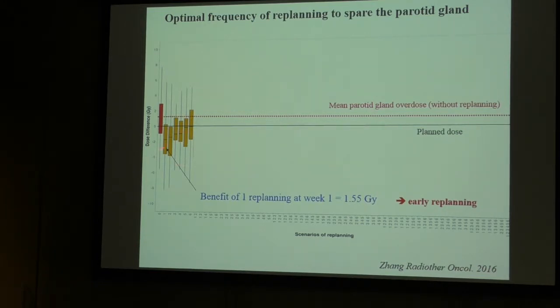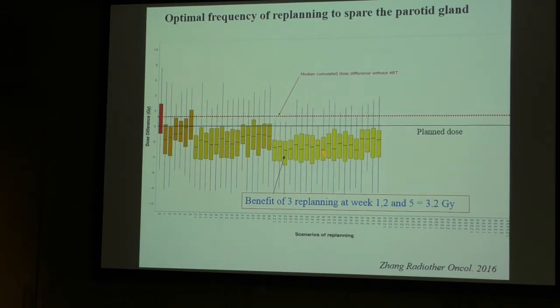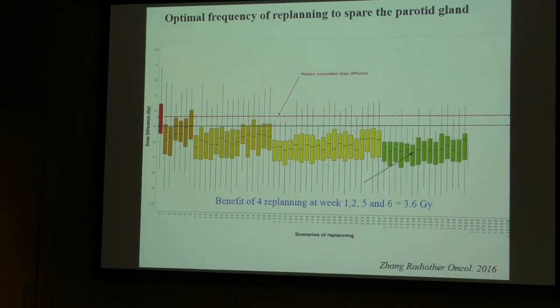So, if you do 1 replanning, the good idea is to do that early. If you do 2 replannings, you will decrease the dose in the parotid gland. The best combination is at week 1 and 2. If you do 3 replannings, you improve your results. And here is 4 replannings, and the best combination is at week 1, 2, 5, and 6.